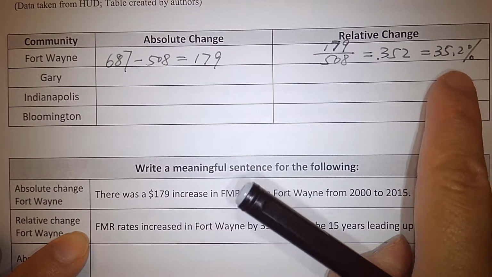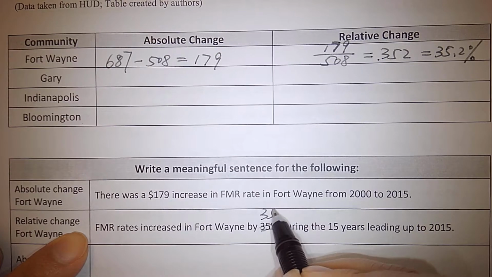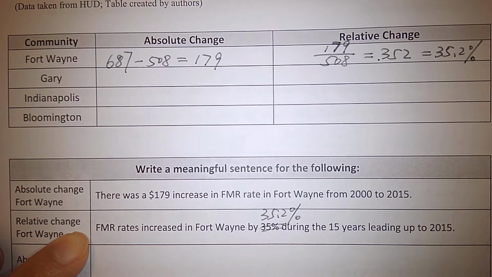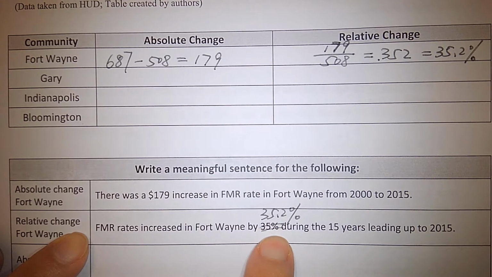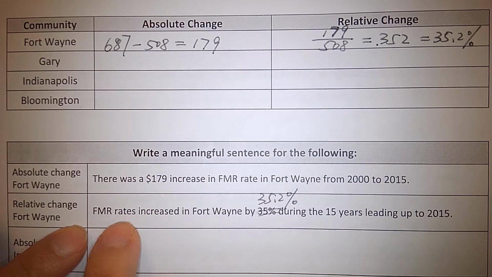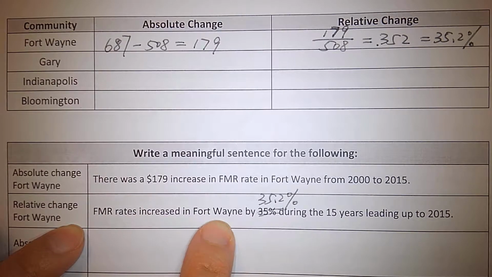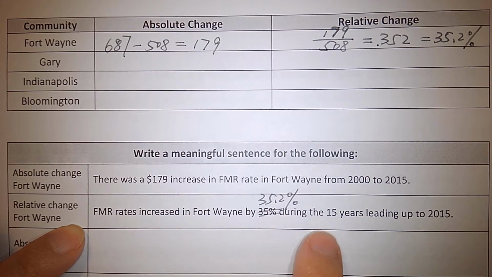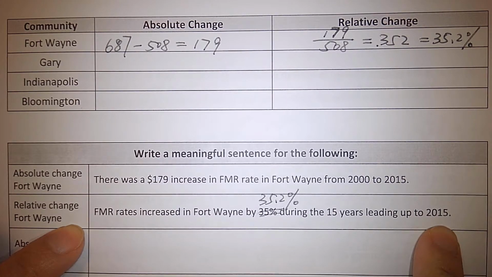We also get this, which should be 35.2%, because it told us to round to the tenth, right? So I don't know why they have a 35 here. And then you can mimic saying FMR rates increase in Fort Wayne by this percent during the 15 years leading up to 2015.